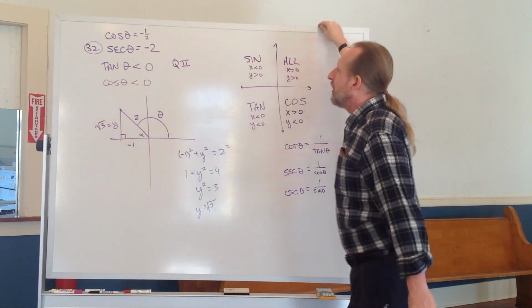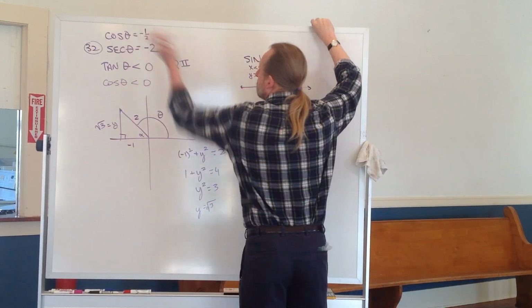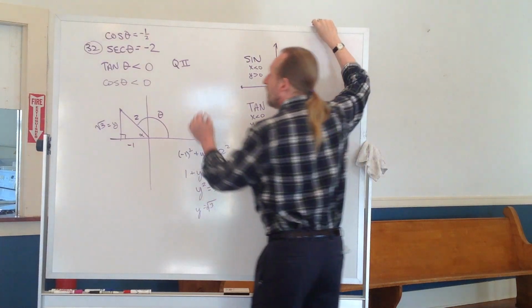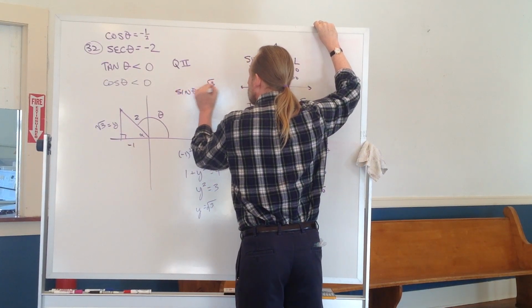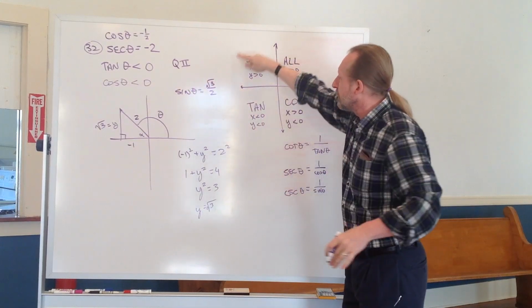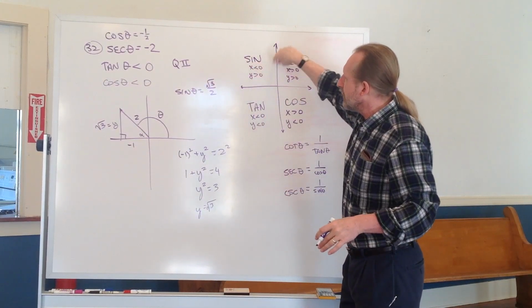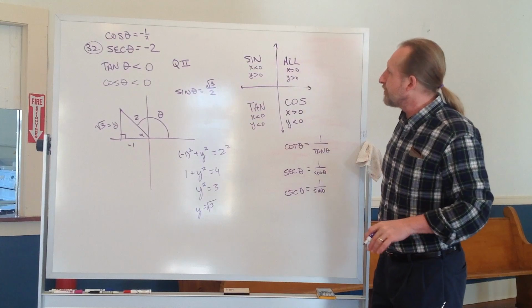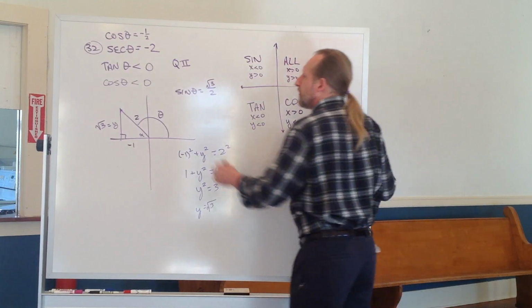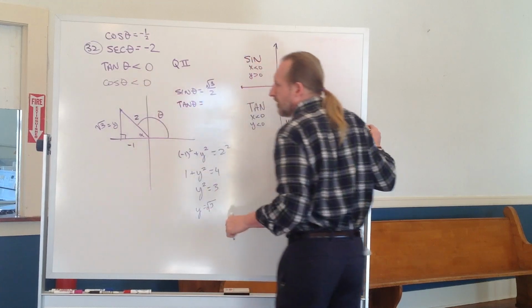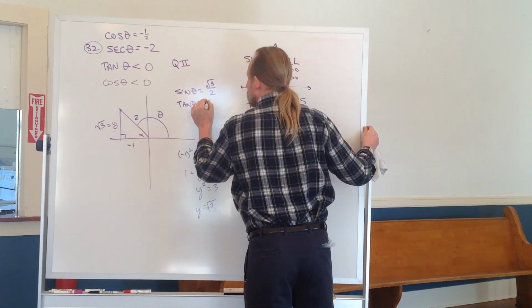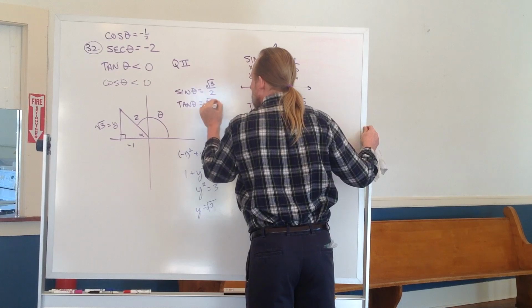Okay, so let's see here. We've got the cosine, -1/2. That means that the sine of theta is going to be square root 3/2. And it's positive. That's what we were saying before. In the second quadrant, the sine function is positive. All right? What else do we need? Tangent is going to be negative, and that's going to be square root 3/-1.